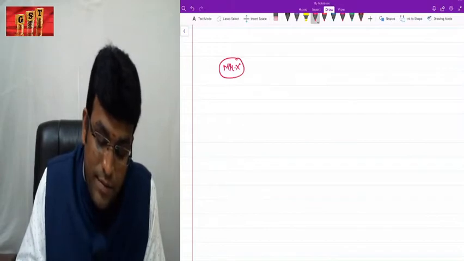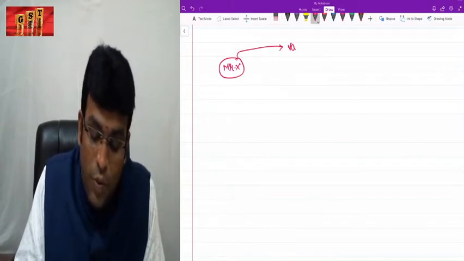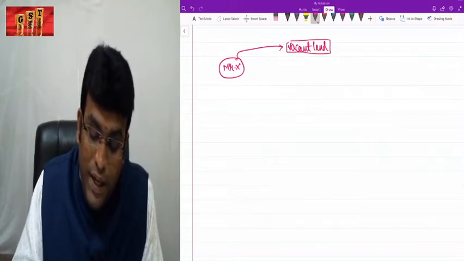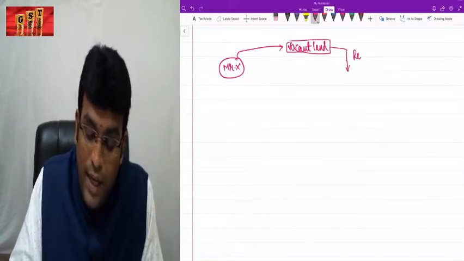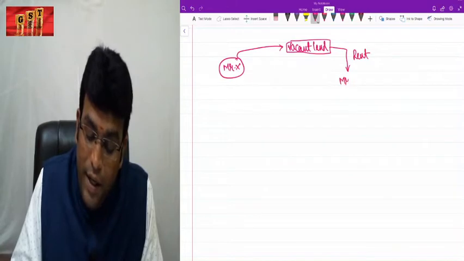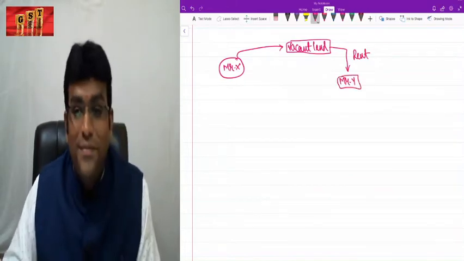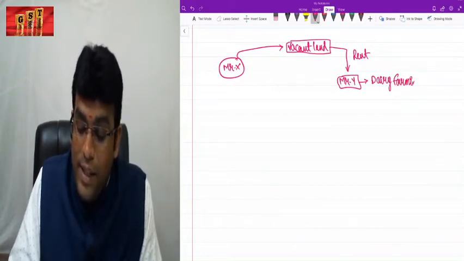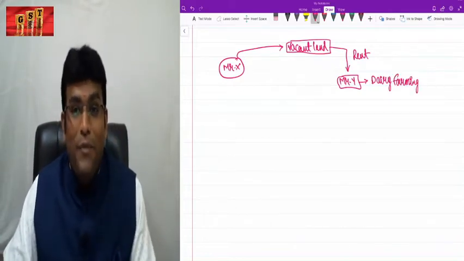Vacant land also is covered, but one point I'll ask you here, think properly and tell me. Mr. X has got one vacant land, and that vacant land he has given on rent to Mr. Y, and Y is actually doing the activity of dairy farming. Dairy farming basically is like maintaining cows and buffaloes.